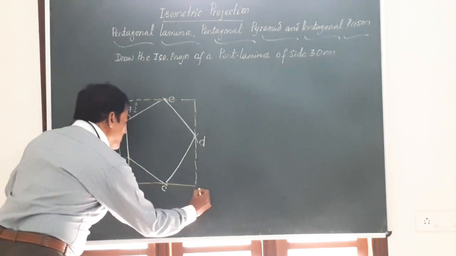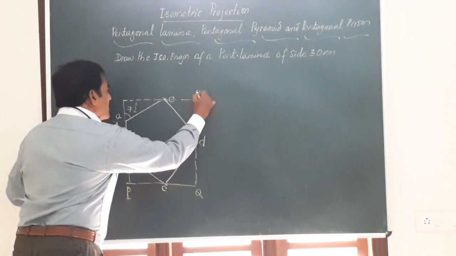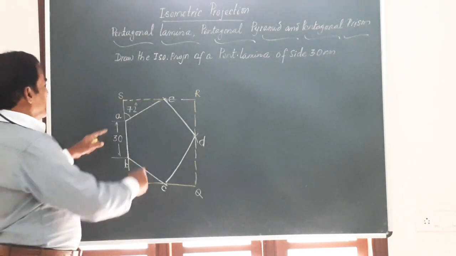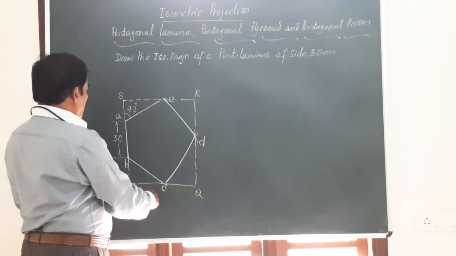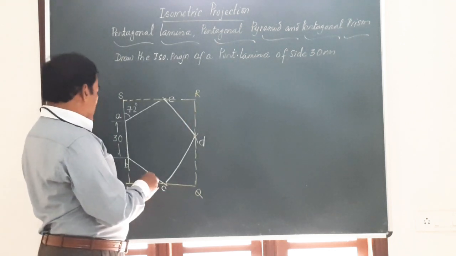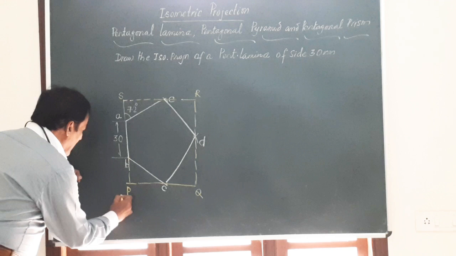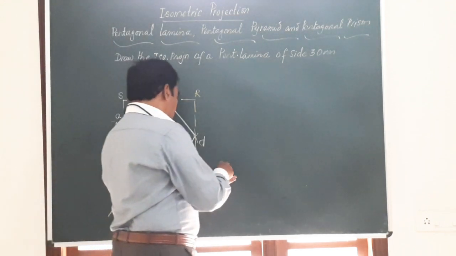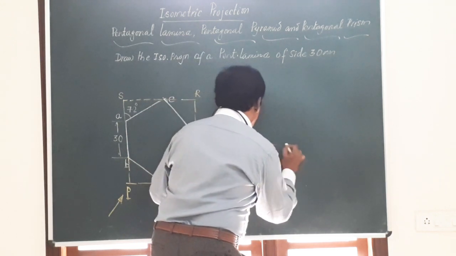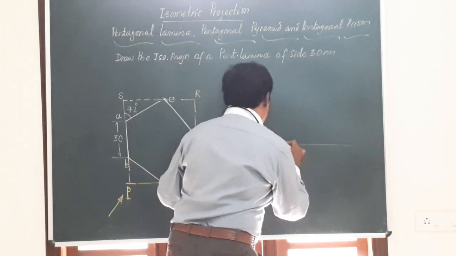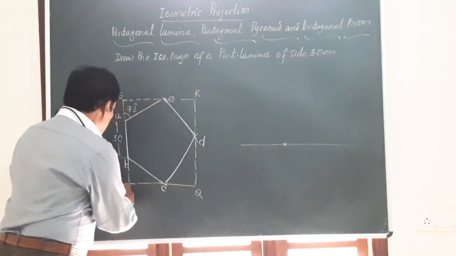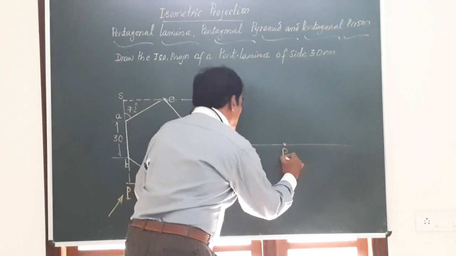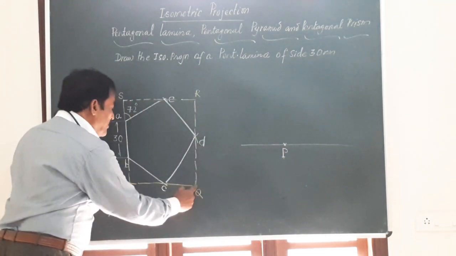I will call this box PQRS. So PQRS is the box that is enclosing this pentagonal lamina. So let's see, we are looking at this lamina in this direction. So I can start the isometric projection of this by drawing a reference line, starting from the point P. I will mark this as point P here and write the line PQ.